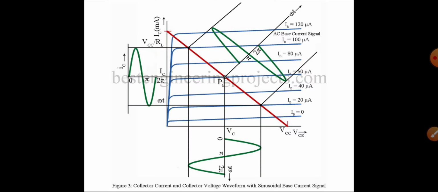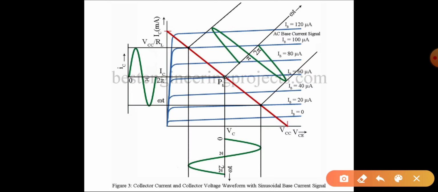So this is the main reason behind you get an inverted output. Means if you have the input waveform like this, your output waveform will become inverted and it will be amplified. So the basic purpose of this circuit is to amplify a signal.